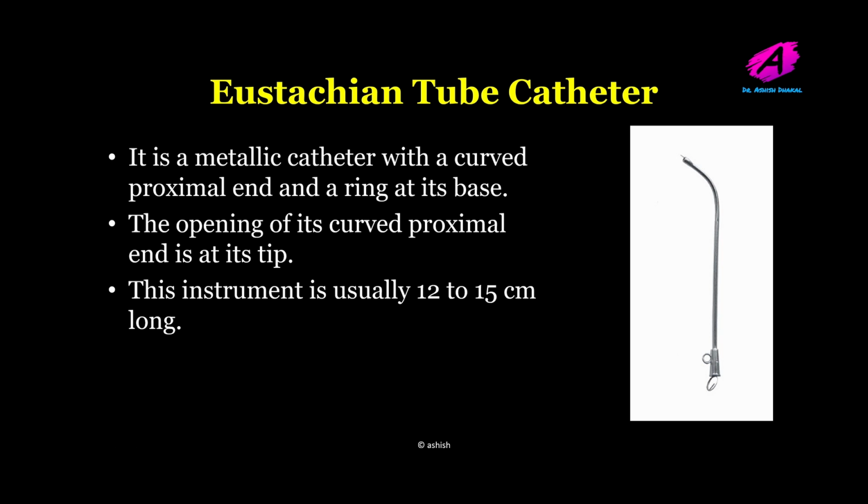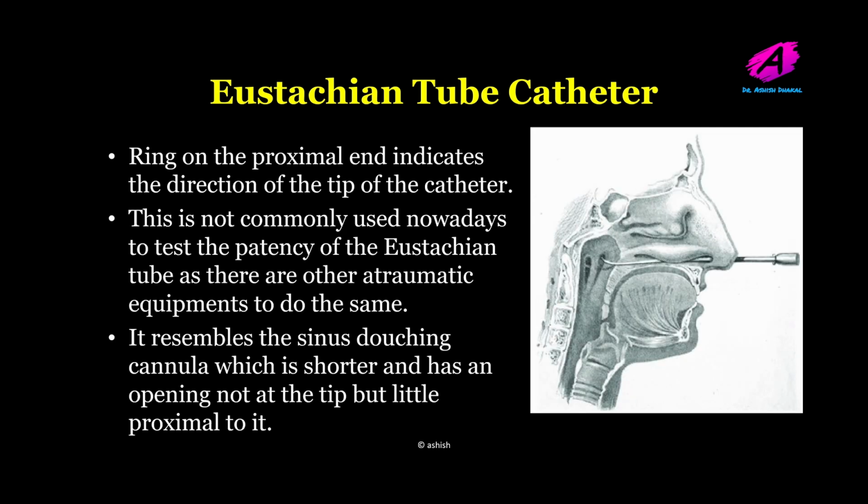The instrument is usually 12 to 15 cm long. This is not commonly used nowadays to test the patency of the Eustachian tube, as there are other atraumatic equipments to do the same. It resembles the sinus dosing cannula, which is shorter and has the opening not at the tip but a little proximal to it.